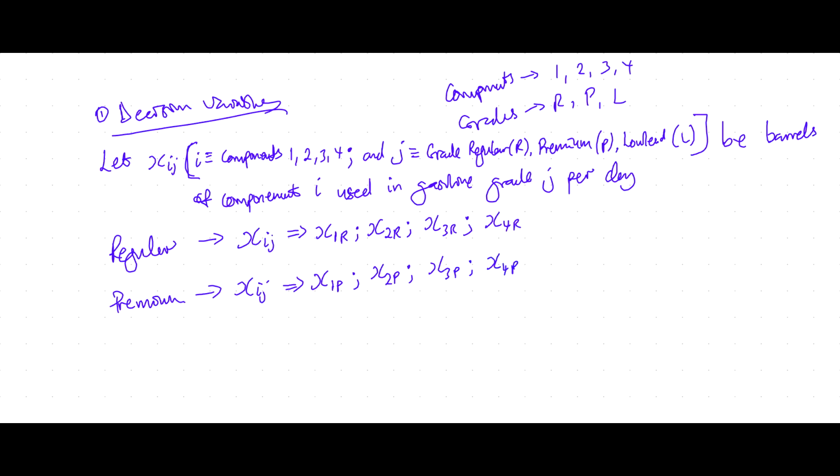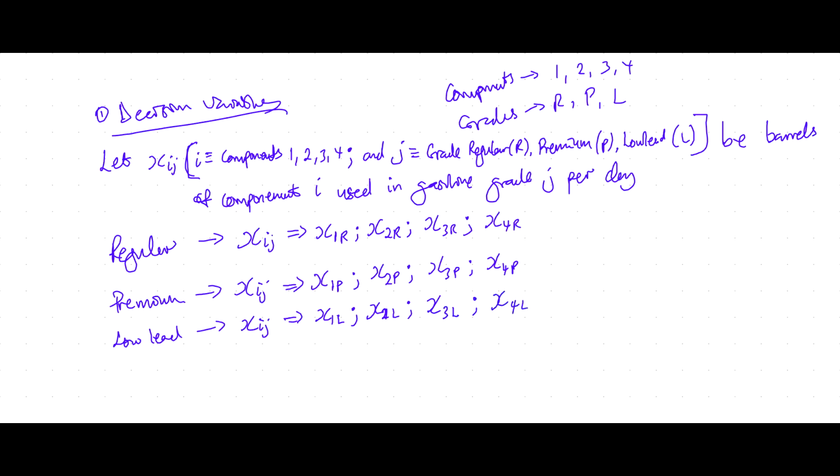Then the low lead is also Xij, which is X1L, X2L, X3L, and then X4L.